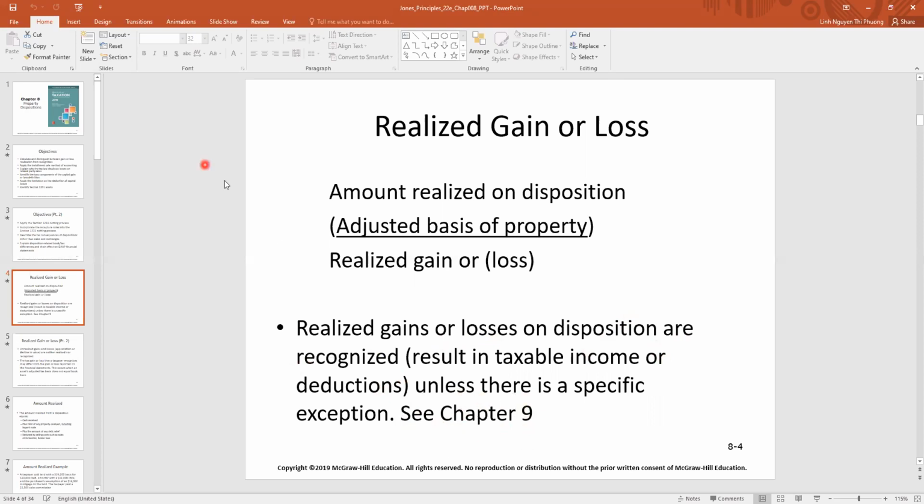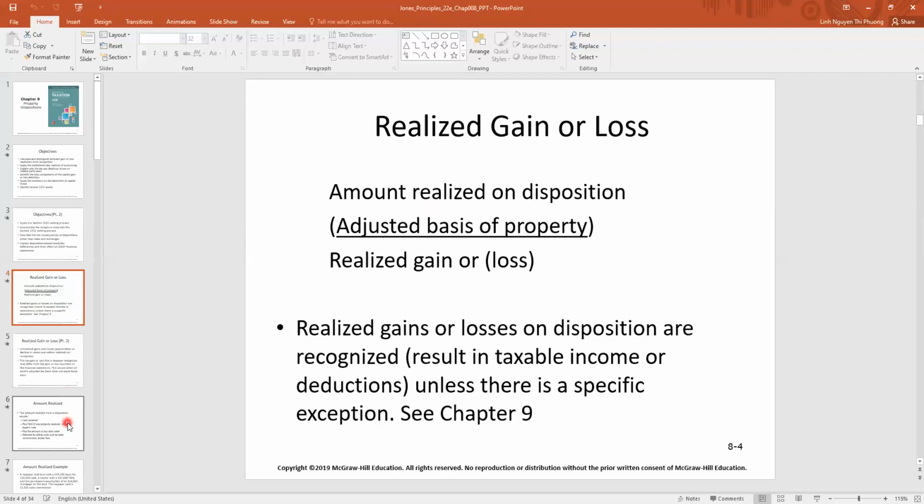Okay. So now I want to discuss the amount realized on the disposition. What is that? Amount realized on the disposition means how much you sell the asset for.